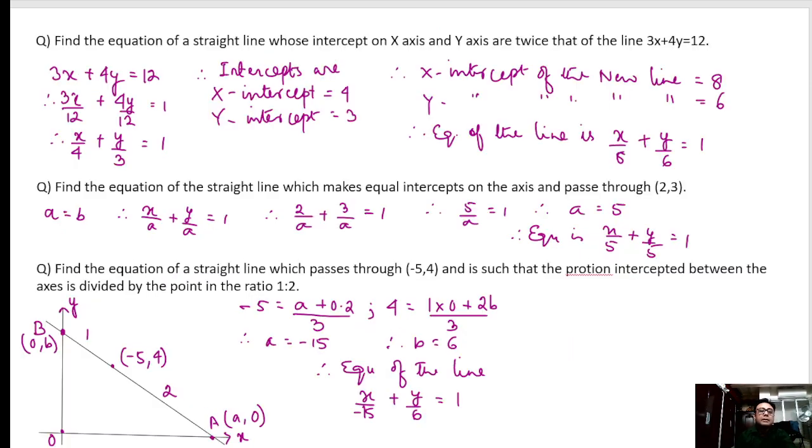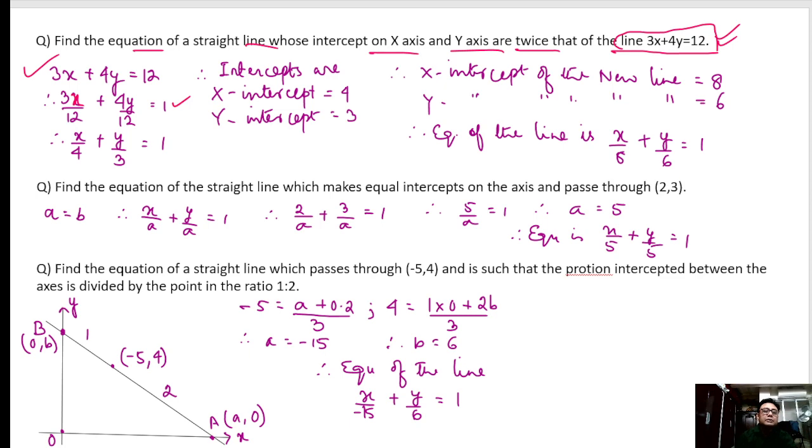Next, let us see the sum. Find the equation of a straight line whose intercepts on the y-axis and x-axis are twice those of the given line. That means first of all let us find the intercepts which this line makes. So this is the equation, so let us divide it by 12 on both sides.